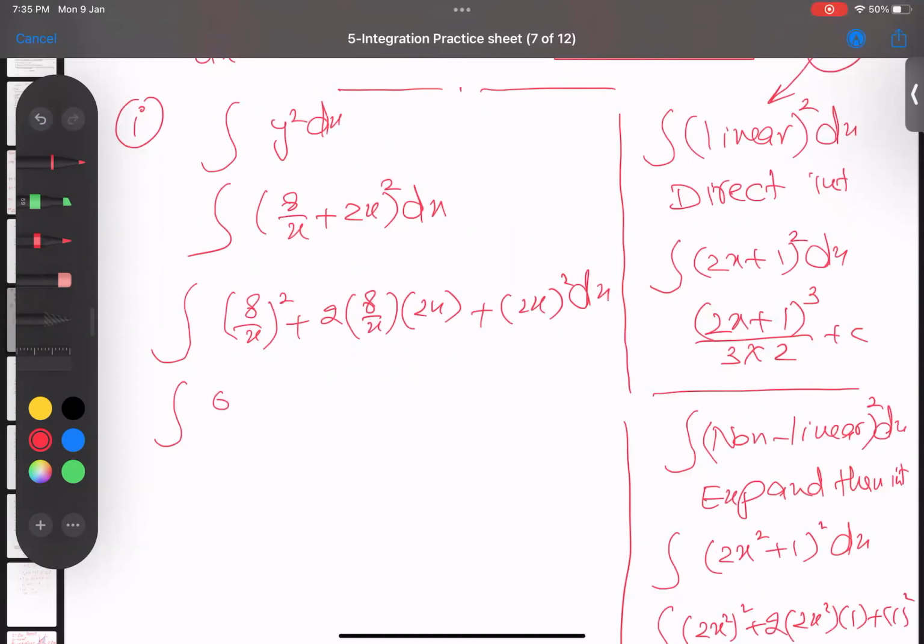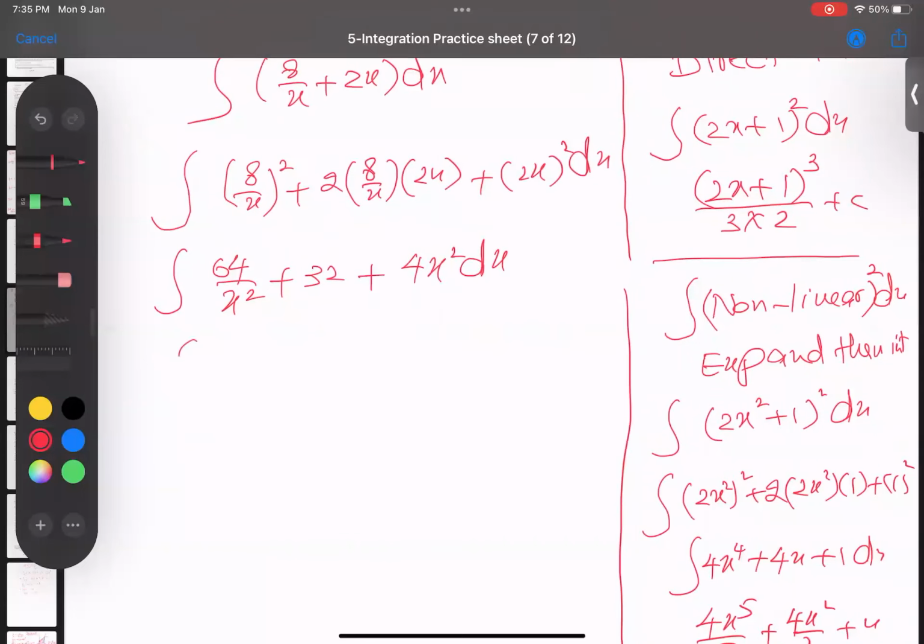So how to do it? 64 over x to power 2. 2 into 8 is 16, into 2 is 32. x cancels out, so 32 comes here. And the square of 2x is 4x squared. Now can I integrate directly? No. I have to bring it up, so x goes up and now I'm eligible to integrate.